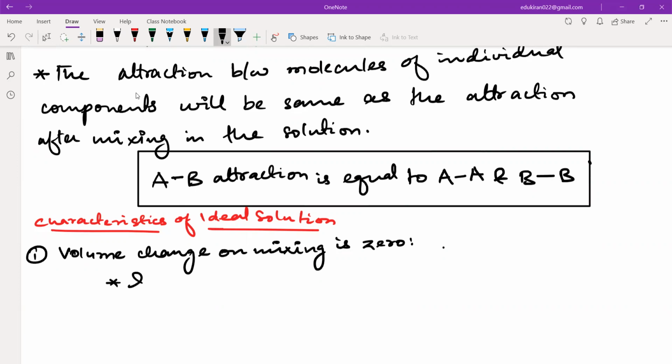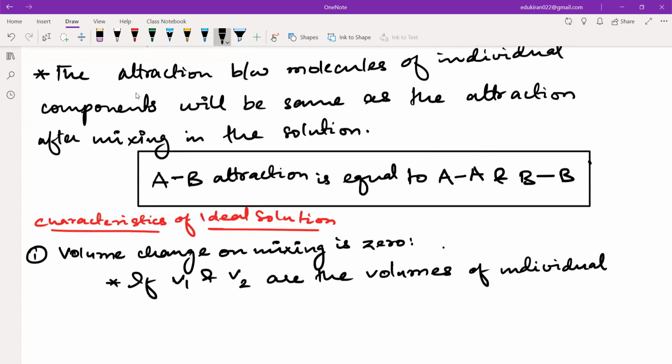Yes, sir. Okay. If V1 and V2 are the volumes of individual components, then what is going to happen?